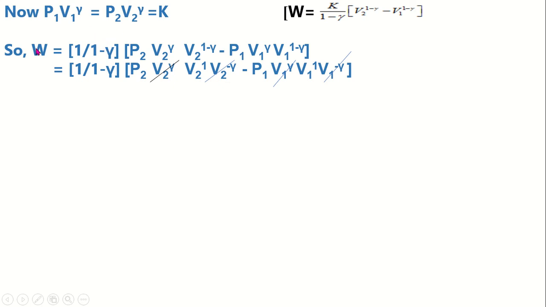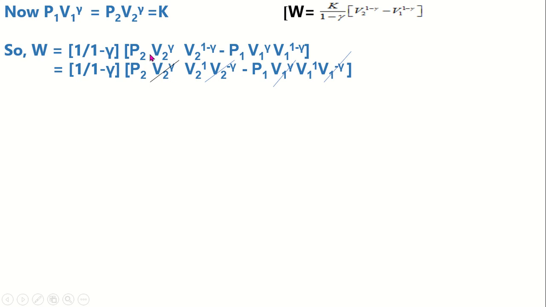So W equal to 1 by 1 minus gamma. We have multiplied K inside, and if we multiply K with both terms, then in place of K we can write P2 V2 to the power gamma, and here for V1, we can write P1 V1 to the power gamma.